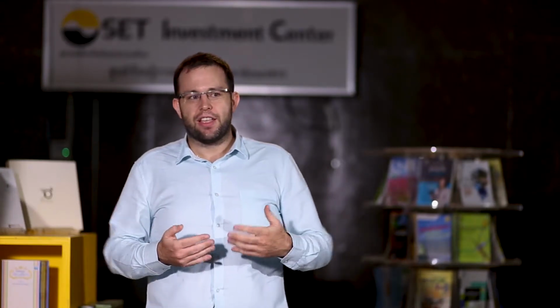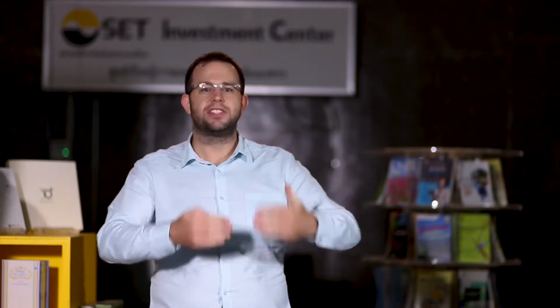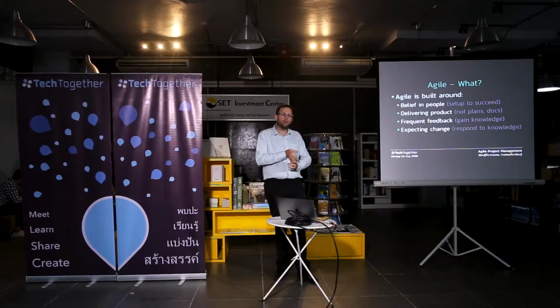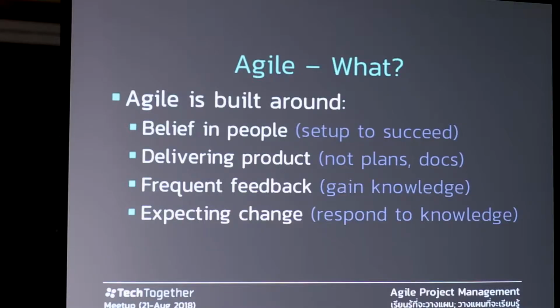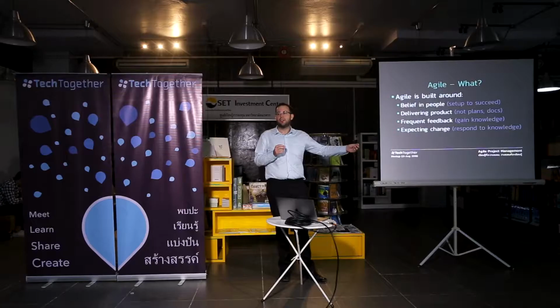So what you're trying to do is set up a regular cycle where you learn something. You learn about your product, you learn about your market, you learn about your process. So you're not working for 6 months, you're not working for 1 year, and then finding out very late that you've built the wrong thing, the market doesn't need your product, that you've built the product in the wrong way.